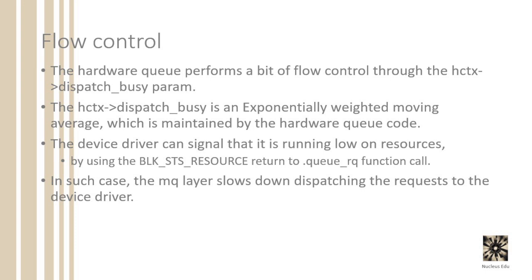When the requests are completed and there is no STS resource flag being sent back, some calls to this dispatch busy update would end up with its value going down to 0, and when that happens, the regular flow of requests resumes.